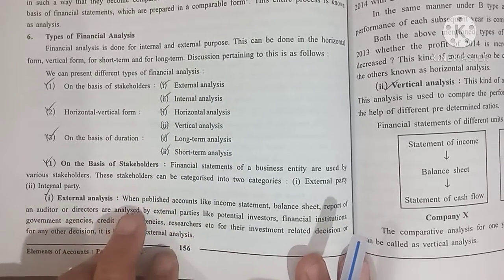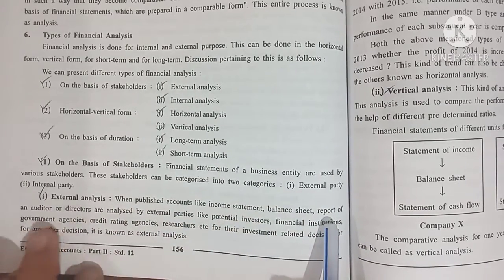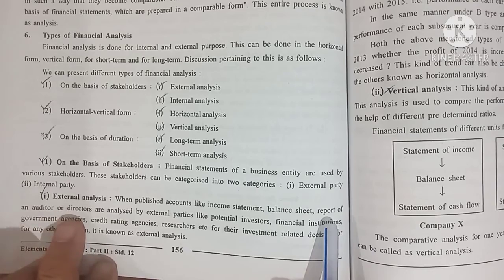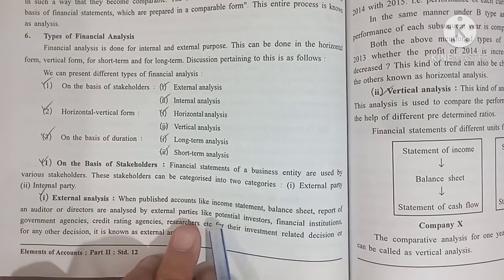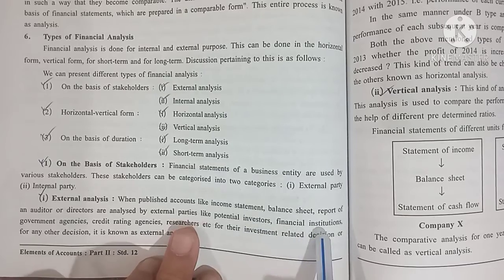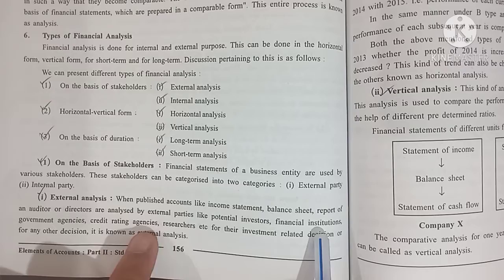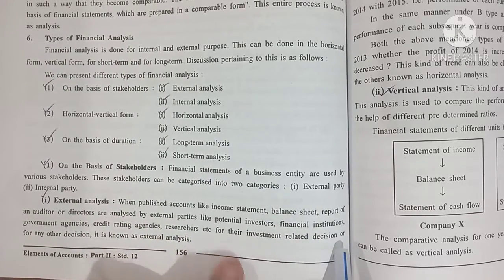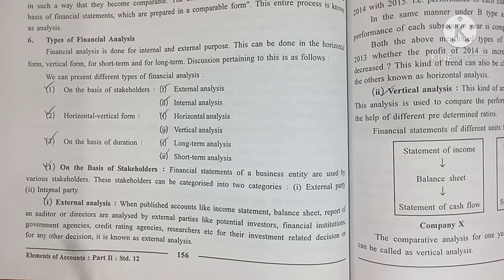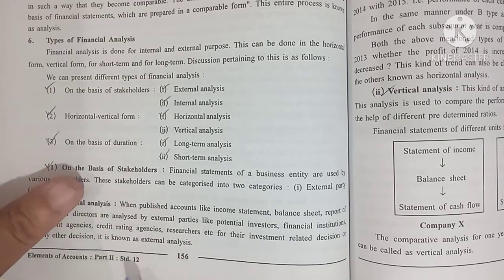Here it is given: when the published accounts, like the income statement, balance sheet, reports, and the auditor's and directors' reports, are analysed by external parties like investors, financial institutions, government, credit rating agencies, and researchers for investment-related or other decisions, and they take the decision after discussing, that is called external analysis.